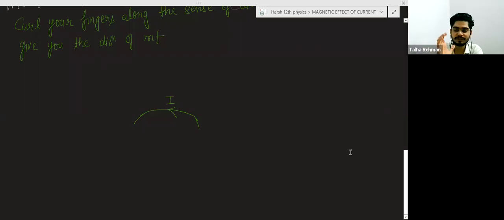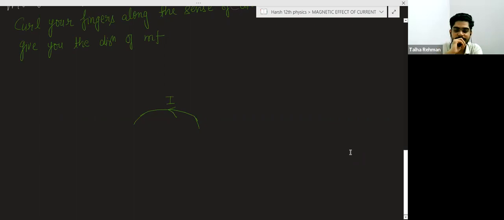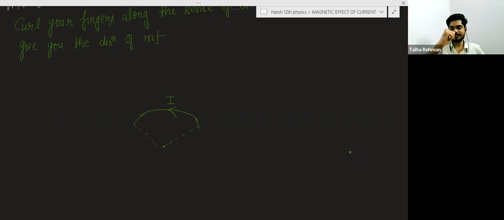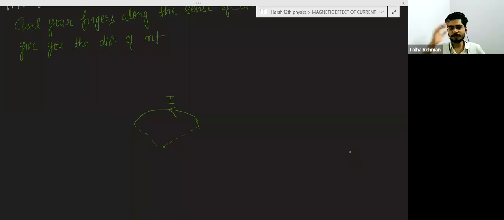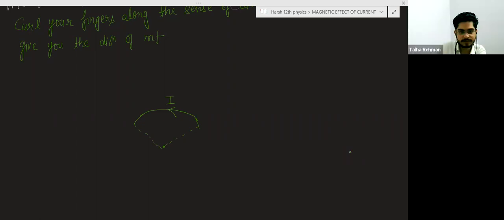Your thumb is towards you now. Towards you means outwards, and away from you means inwards. So here, at this point O, you will get the direction outwards.